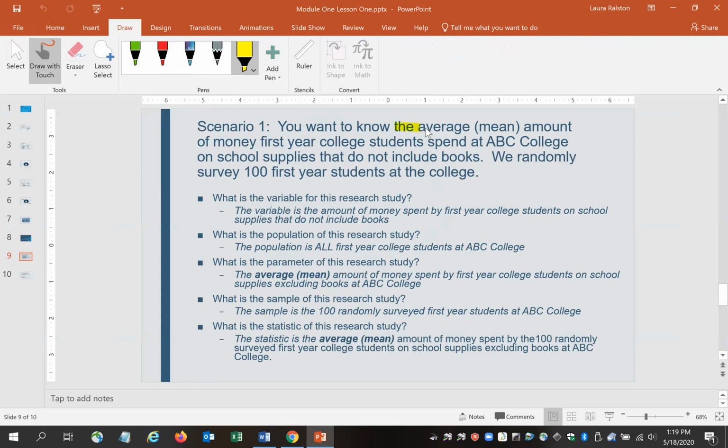So I want to know the average amount of money spent by first-year college students on school supplies that do not include books. Pay attention, guys. You've got to read it carefully, slowly. Pay attention to the phrasing. So it tells me clearly that I want to know the amount of money spent by first-year college students on school supplies that do not include books.